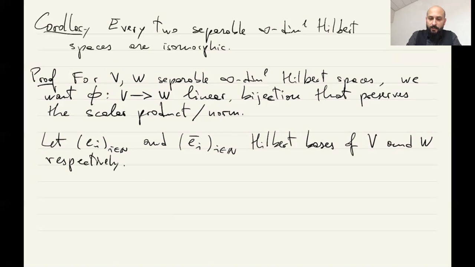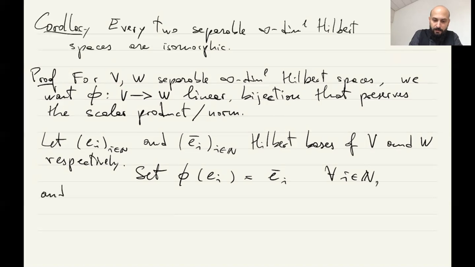Okay, so now we set phi of e_i to be e_i bar, and we extend it linearly.